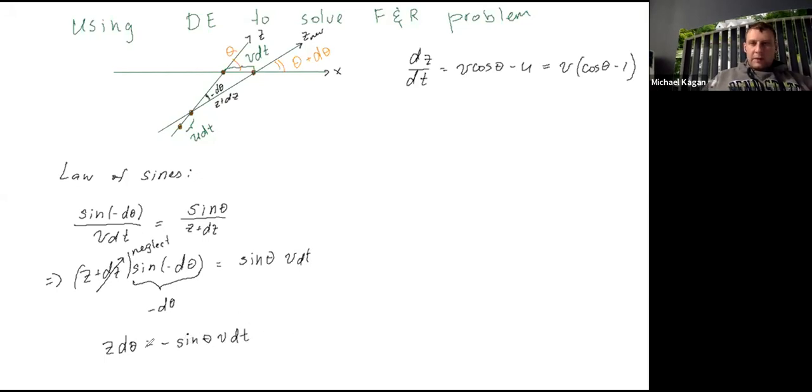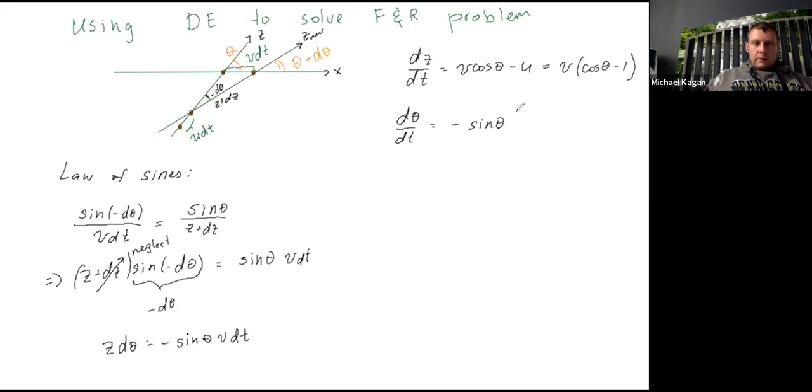There is probably an easy way to get this expression, but again, convince yourself that this is correct. Then from here, you can get d theta dt. D theta dt equals minus sine theta v over z. Okay?